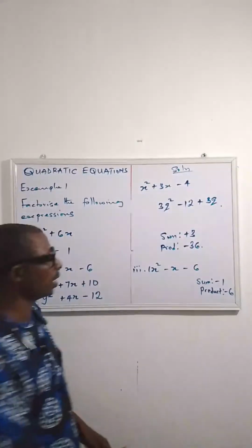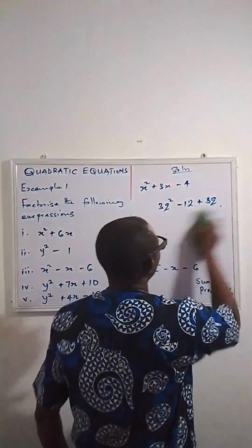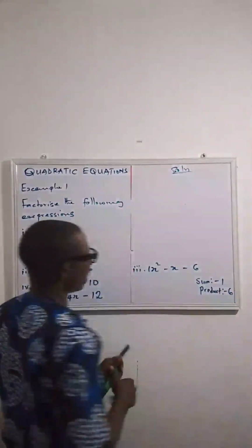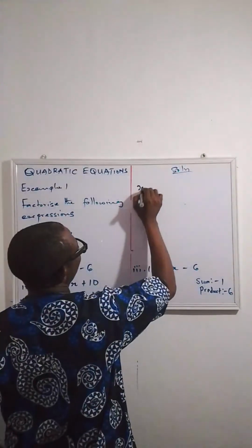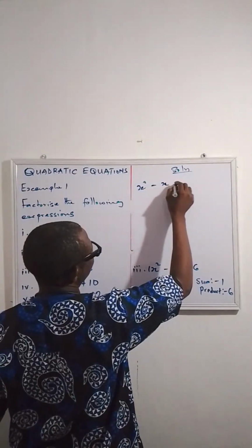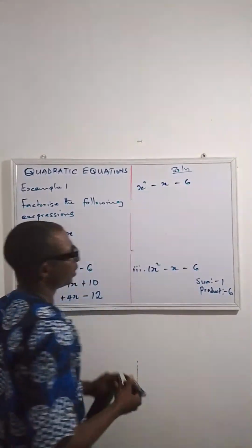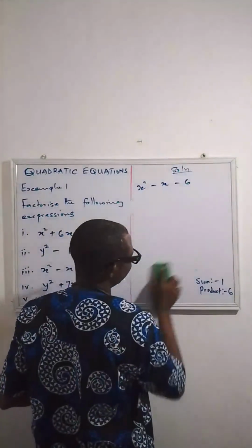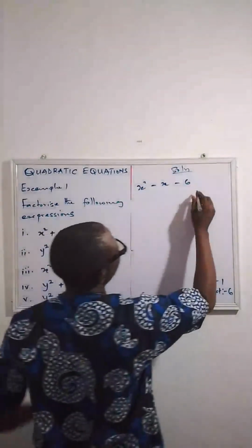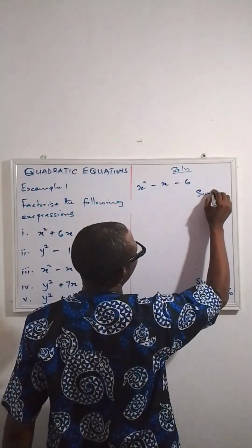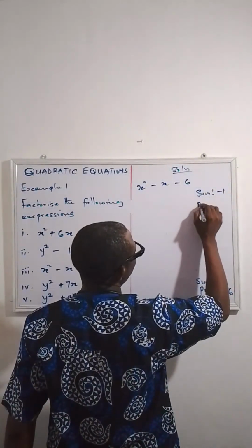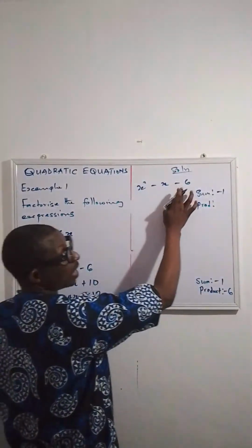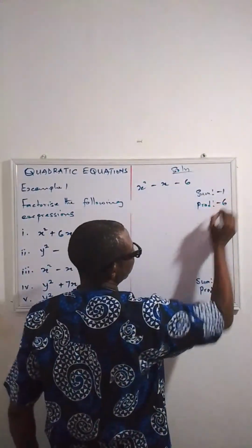All right, now let us move down to the question we're solving. We have x squared minus x minus 6, which is the quadratic expression. In this case, the sum is minus 1, while the product is 1 times minus 6, that is minus 6.